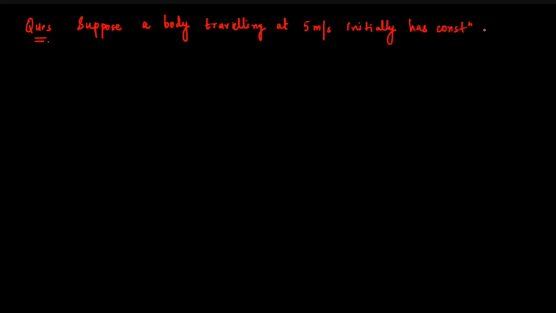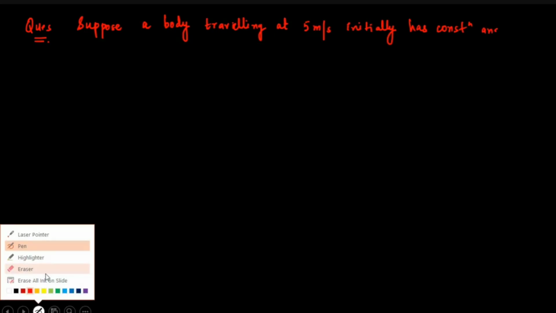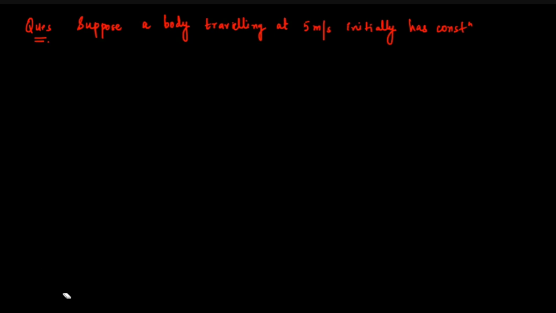Suppose a body travels at 5 meters per second initially and has a constant acceleration of 2 meters per second square.